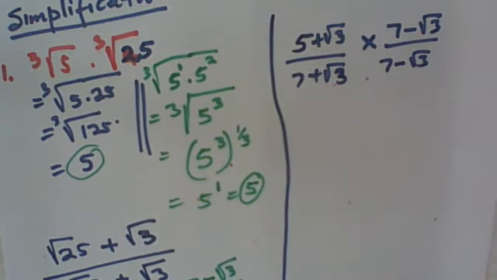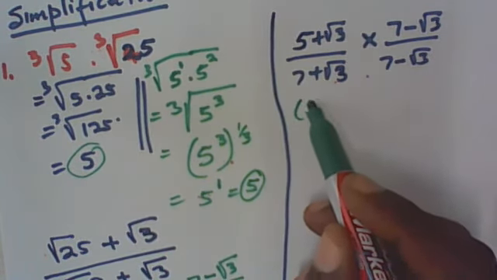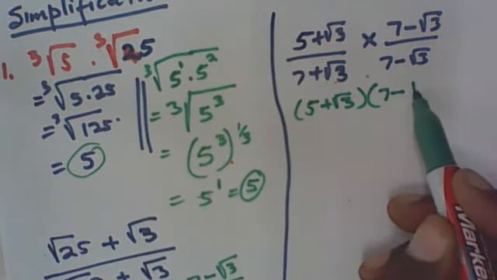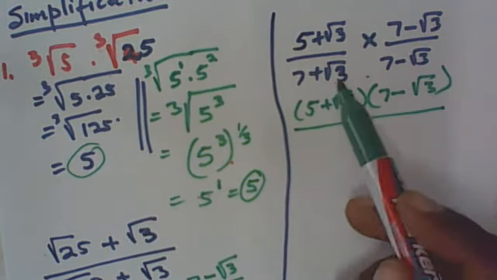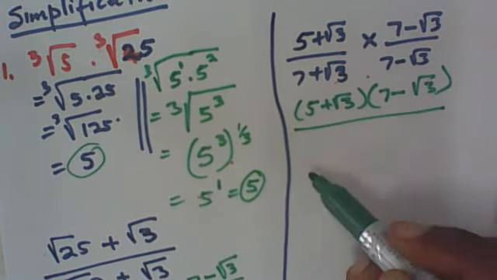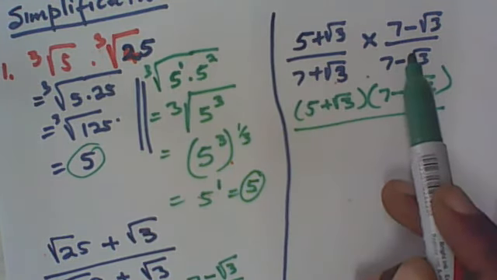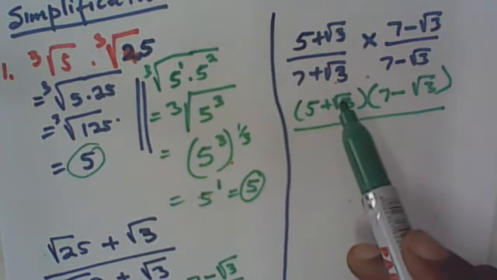Now, you multiply the numerator by the numerator, denominator by the denominator, because this is a fraction. So, you start first. This will be 5 plus root 3 into 7 minus root 3, and then all over, the factors of the difference of two squares. When you multiply them, you're going to get the difference of two squares.